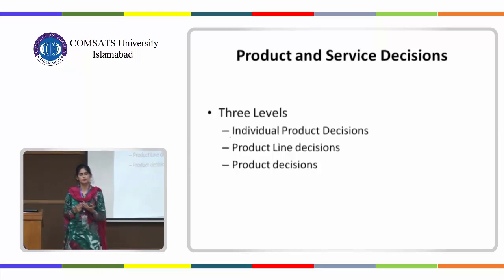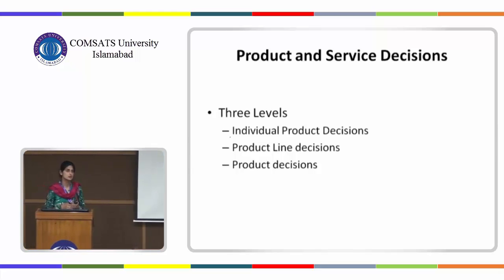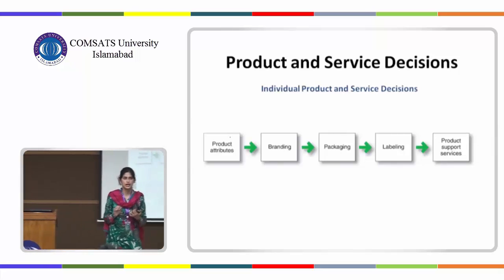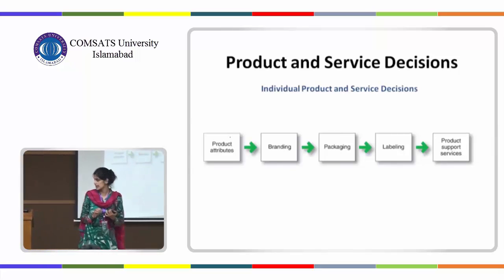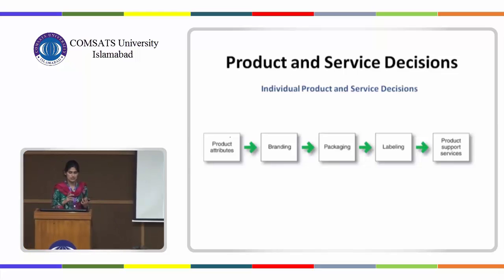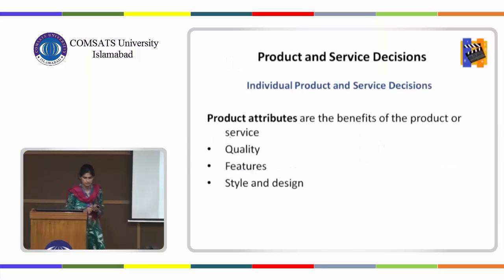The first level is referred to as individual product decision. There are different elements in individual product decision. The first element is product attributes. The second is branding. The third is packaging. And the fourth is labeling and product support services.